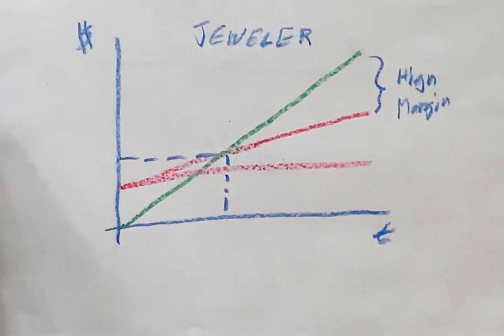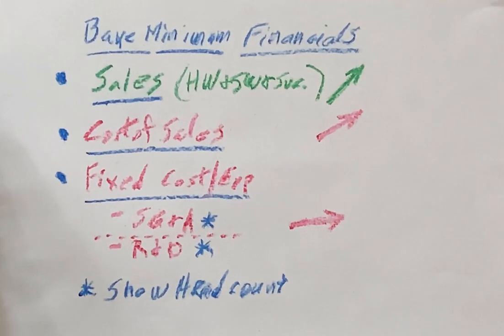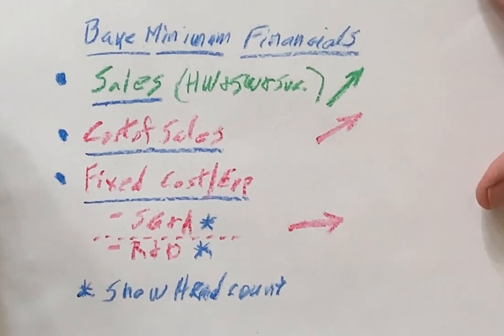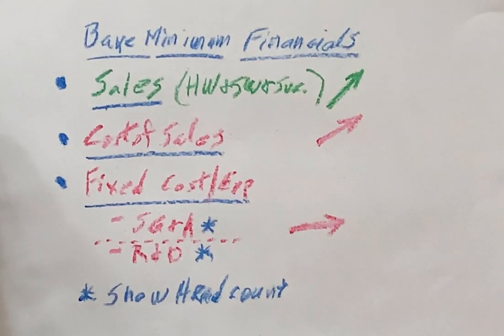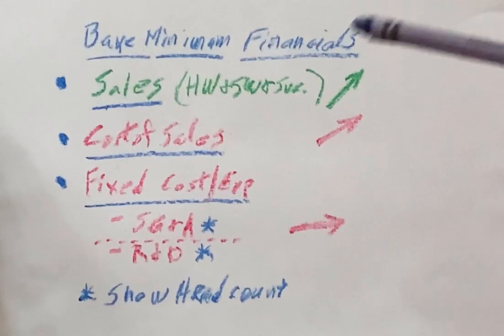Back to the overview. It's these three items: sales, cost of sales, and your fixed expenses, or as some say, fixed costs. I prefer the term fixed expenses. It would be best if you had a little backup chart, or if you can fit it on one page, that's just as well.